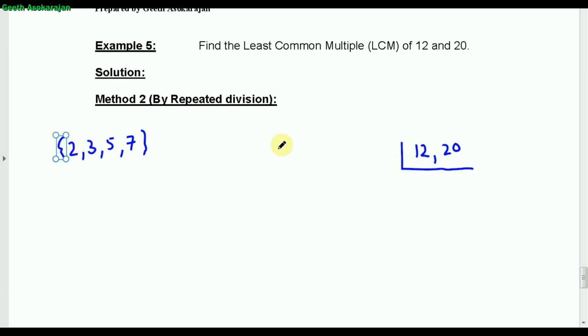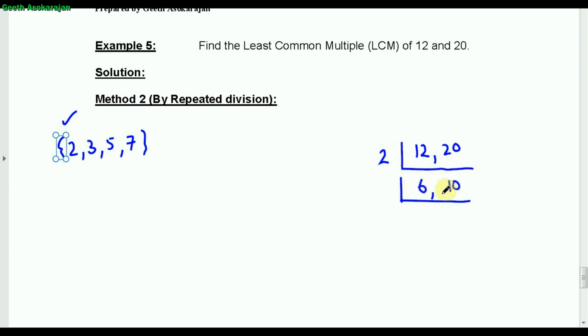So let's check whether these two can be divided by 2. 12 divided by 2 is 6, no remainder. 20 divided by 2 is 10, no remainder. So 2 works.